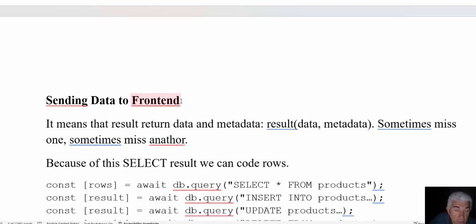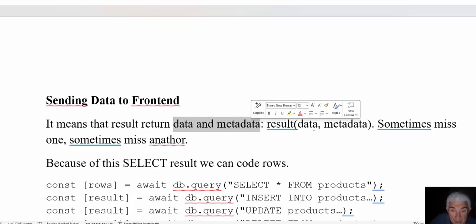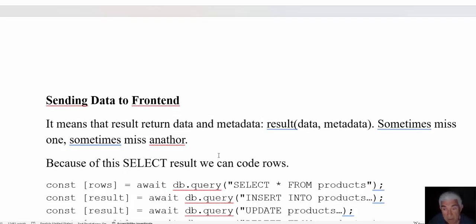Sending data to the frontend means that the result returns data and metadata. Result: data, metadata, sometimes missing one, sometimes missing another. Because of that, artificial intelligence codes rows.